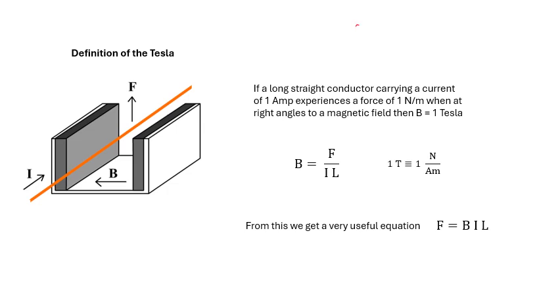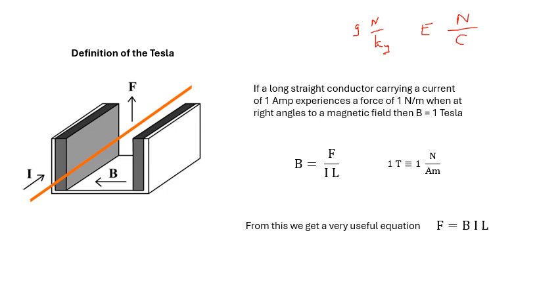Remember that gravitational field strength was newtons per kilogram, wasn't it? And electric field strength is newtons per coulomb. Magnetic field strength, newtons per amp meter.